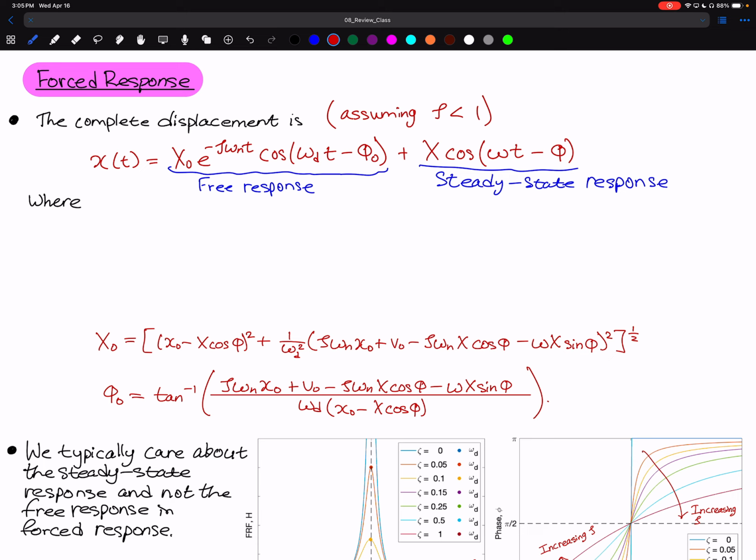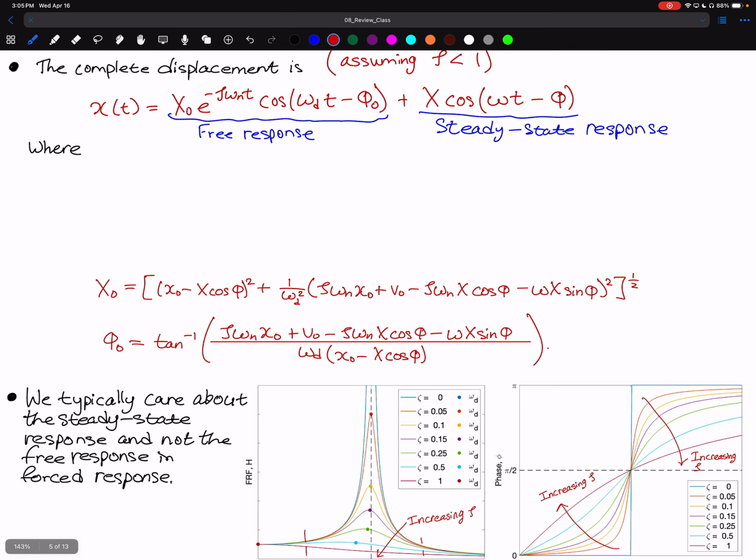So I'm going to write down what the values are for the steady state amplitude and the steady state phase, and I already wrote them out for you for the free response because they're much longer and we also don't really care about them.